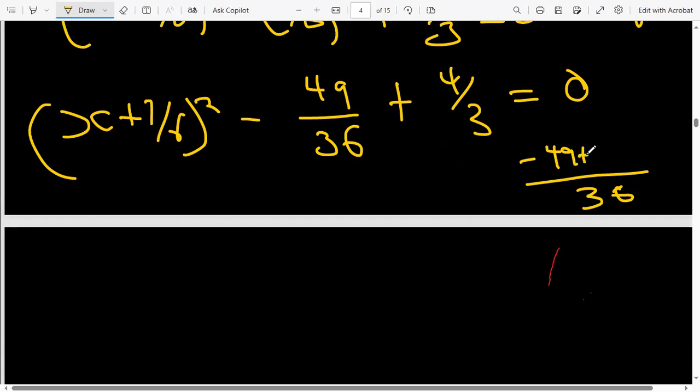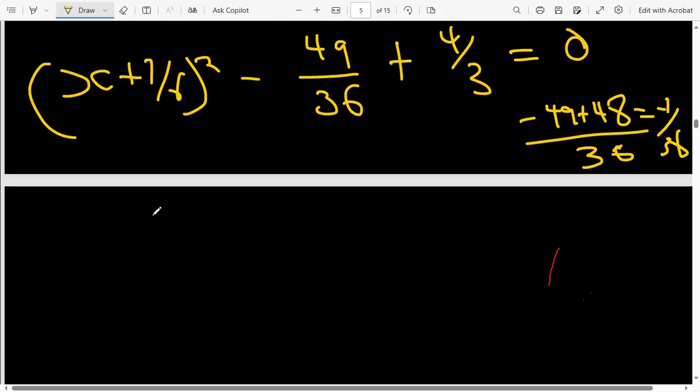And then plus 3 into 36, it will be 12. Okay, so 3 into 36 is 12. And then that 12 multiplied by this 4 here is what? It will be 48. So this one will just be minus 1 over 36. That's what we get when we add this, right?